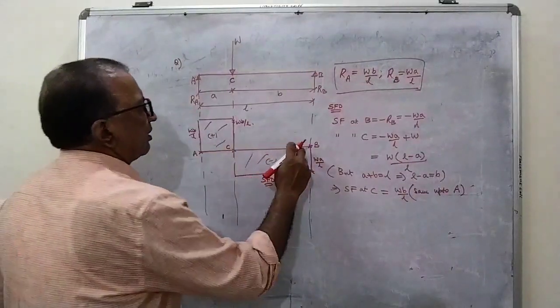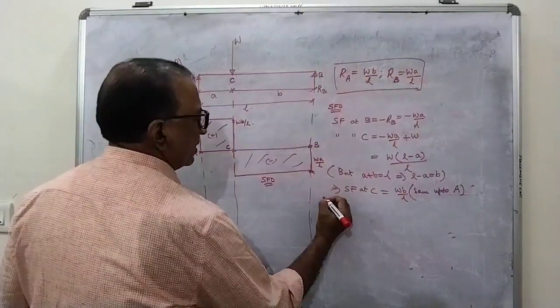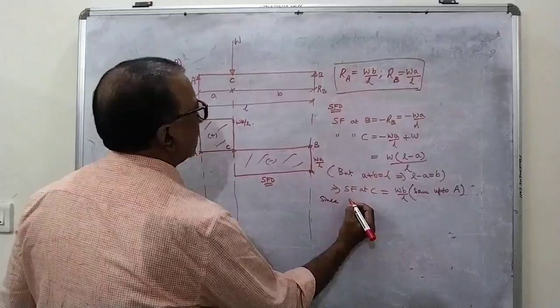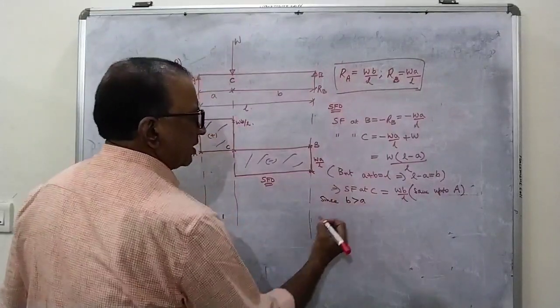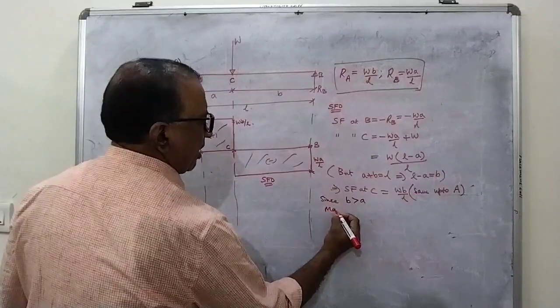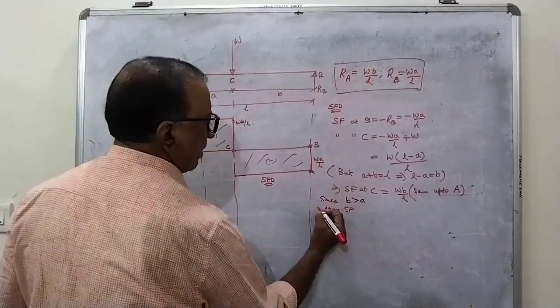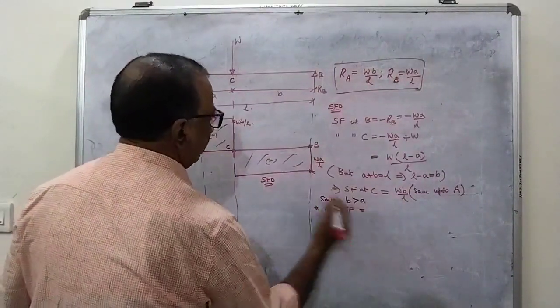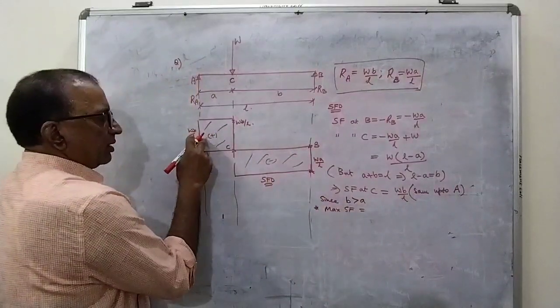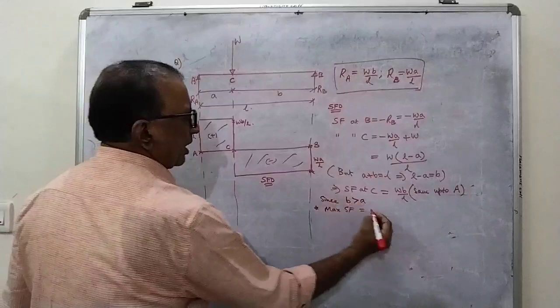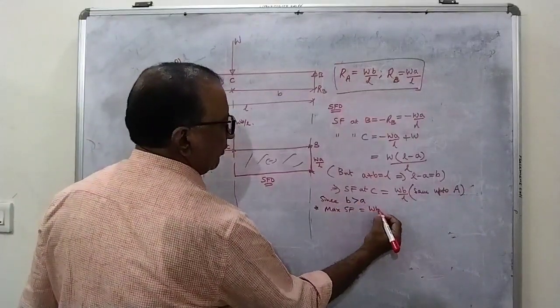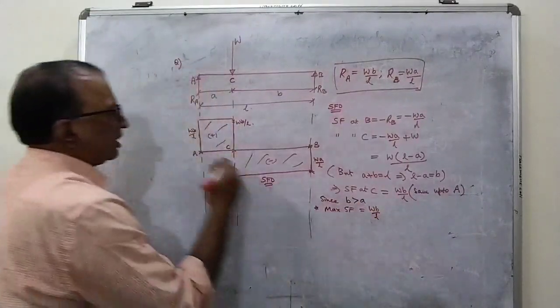From this, it is clear that since B is greater than A, your maximum shear force is nothing but either at A or B, na? So B is greater, na? So what is the maximum shear force?